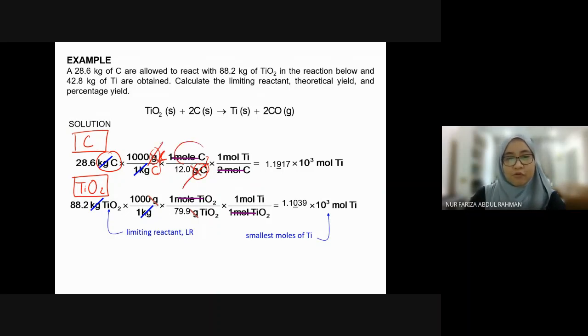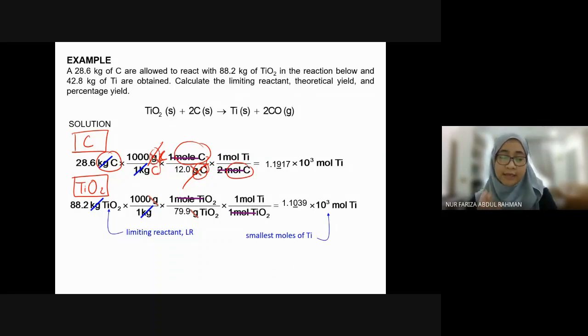Next, we have mole of carbon there, and then below here should be mole of carbon. Like I said before, you should know what you want. At the beginning we have the mass of the carbon. At the end what we want is the titanium.